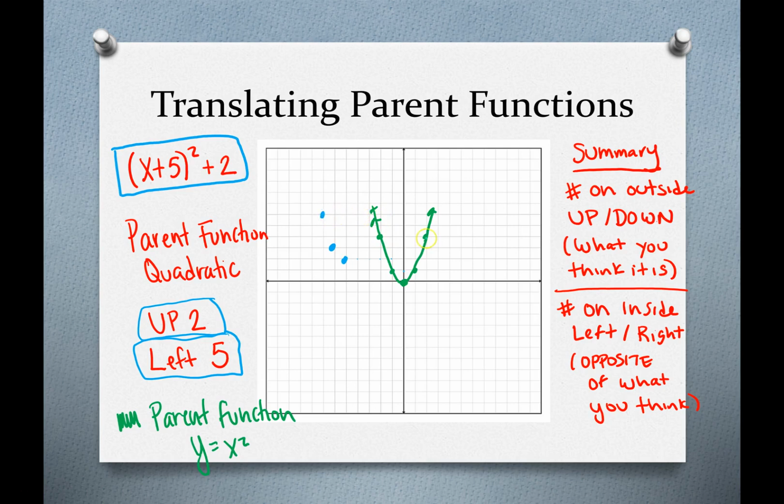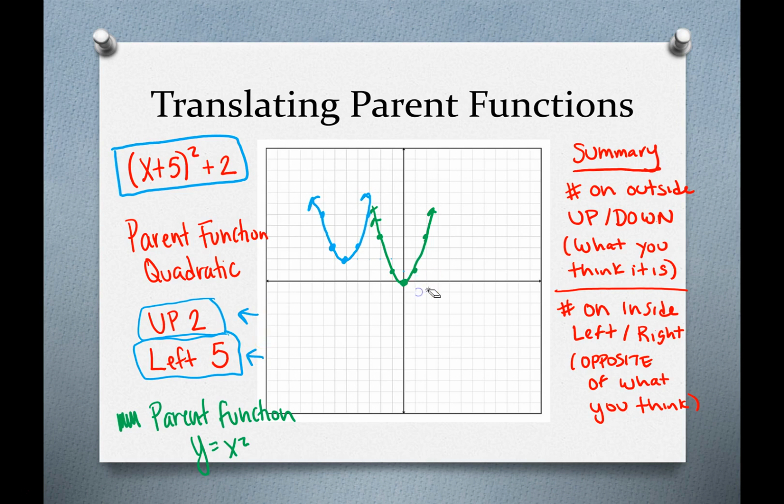Left 5, 1, 2, 3, 4, 5, up 2. I think I'm missing this one right here. Left 5, 1, 2, 3, 4, 5, up 2, 1, 2. There we go. I think I said that wrong a couple times, but basically you're taking every single point and going left 5 and then up 2, or you could go up 2 and left 5.